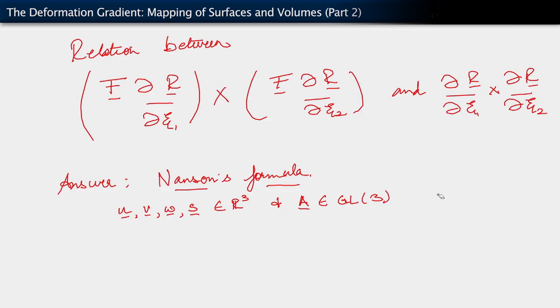All right, Nansen's formula is the following.